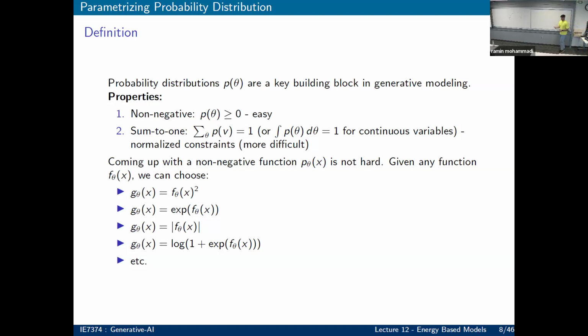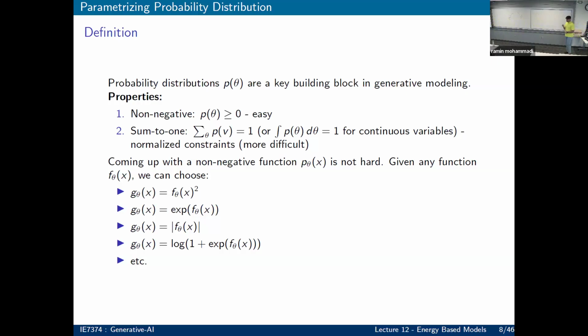But the challenge with this concept of probability that you want your model to produce is that making it sum to one is not that straightforward. Having your neural network produce something that sums to one for all possibilities is not as straightforward.